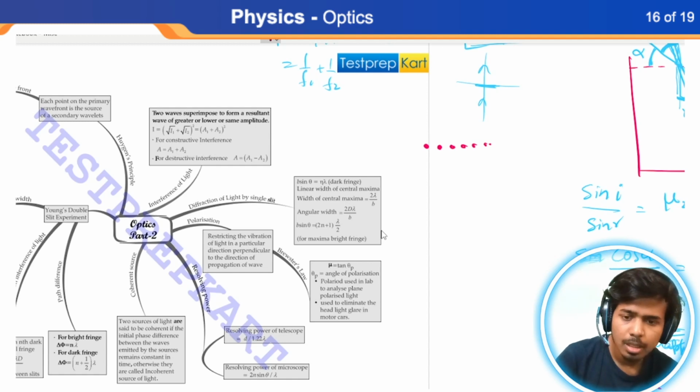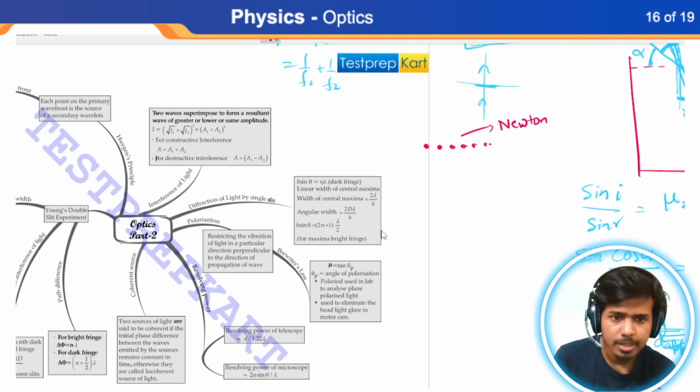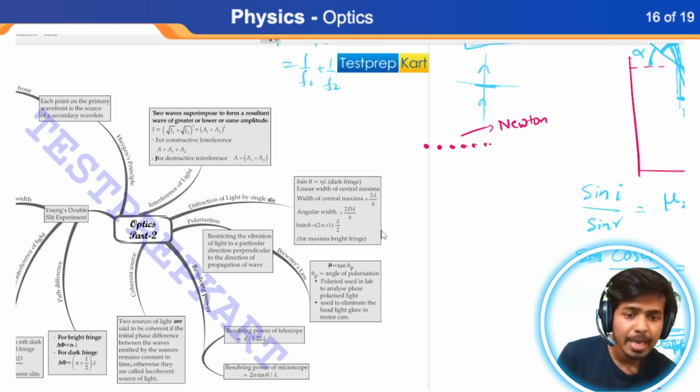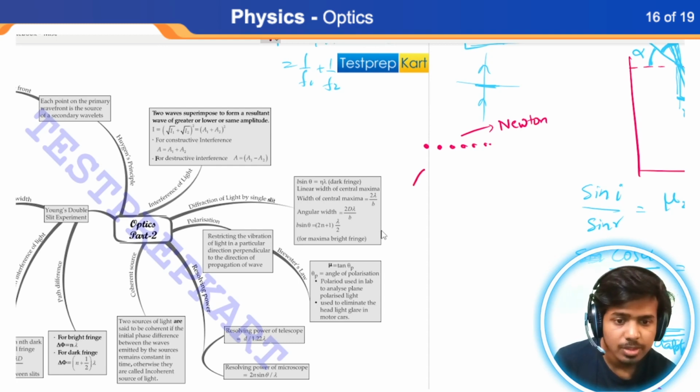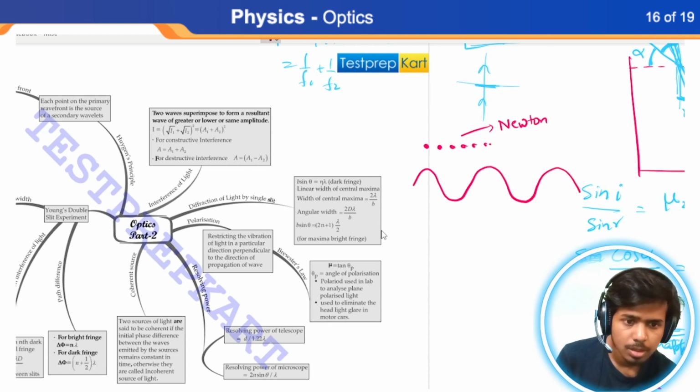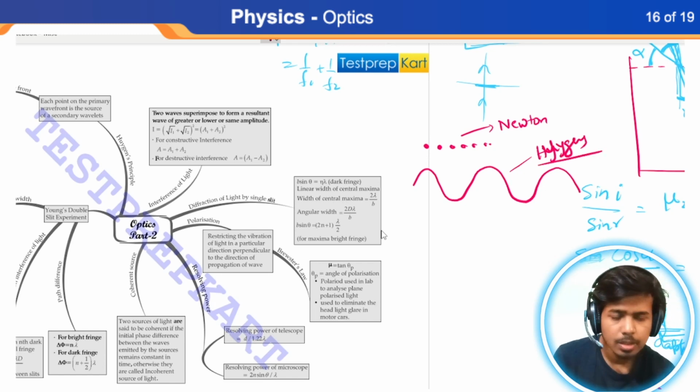This was propagated by scientists like Newton, and there were other scientists who were of the opinion that light is not a particle, it is actually a wave. It goes like this. One of the leading scientists was Huygens, who propagated the wave theory.